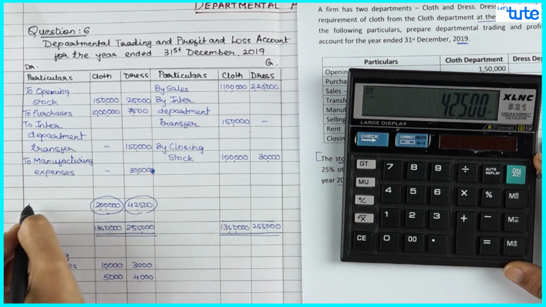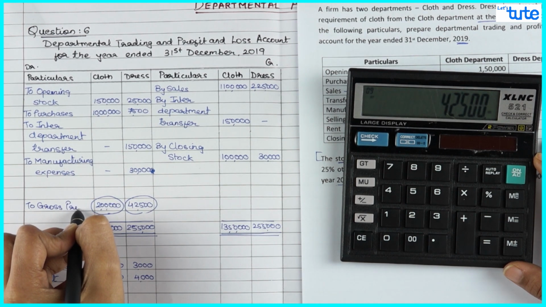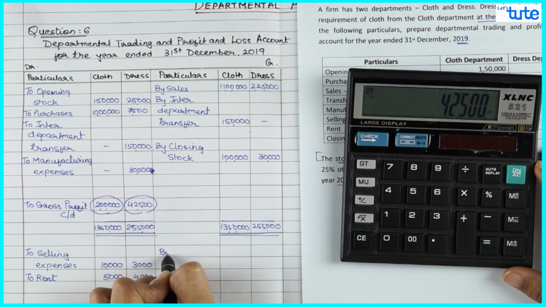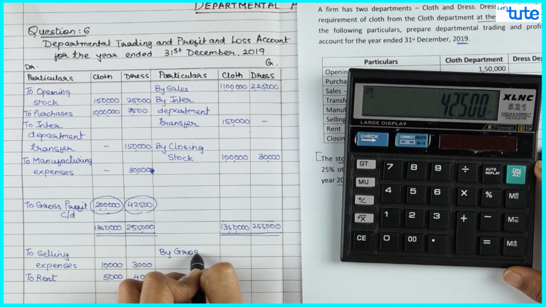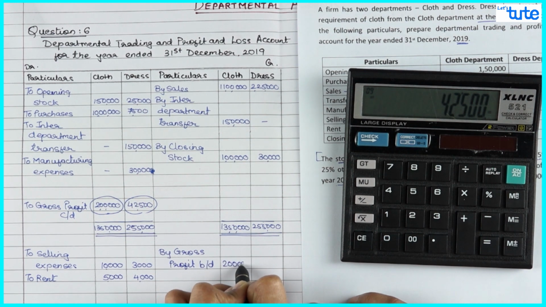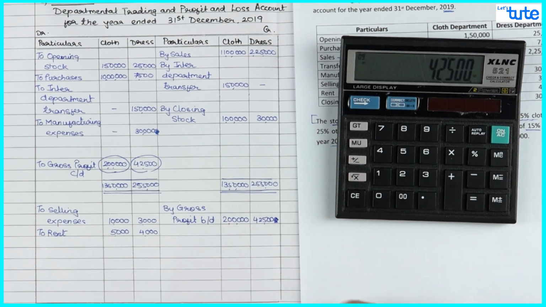To gross profit carried down. By gross profit brought down, 2 lakhs and 42,500. Total, this departmental profit and loss account.